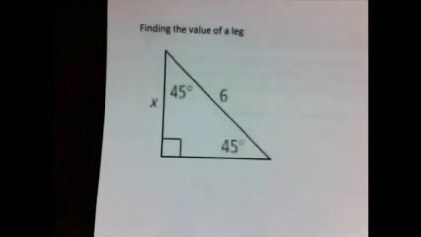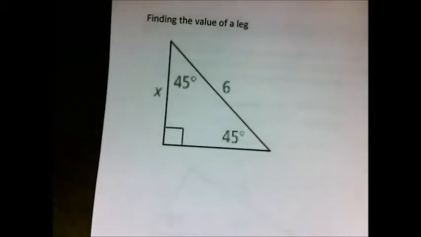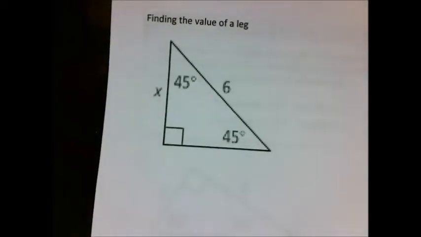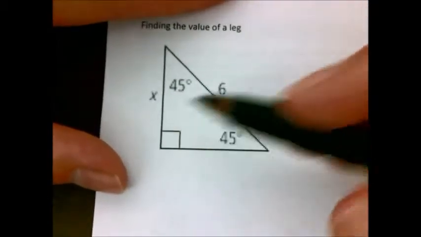Next page. Now, sometimes you're going to be given the hypotenuse and you're supposed to find the leg. So this is how this is done. We're going to use the same idea that we had last time, and that is we're going to multiply the leg by square root of 2.